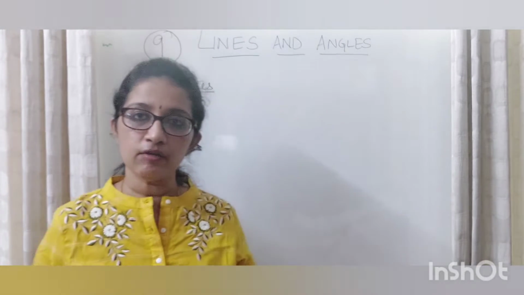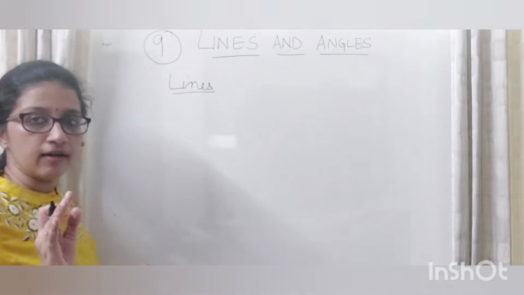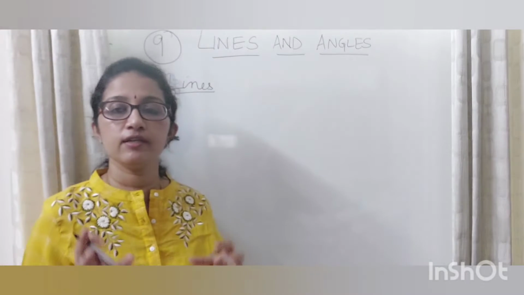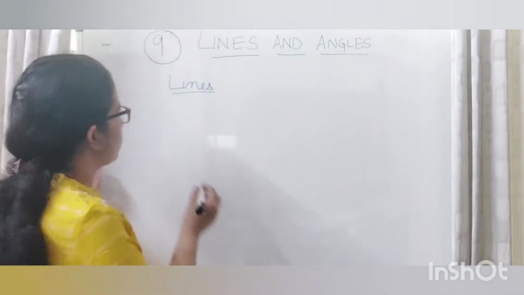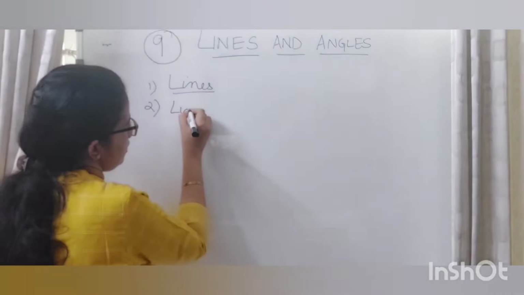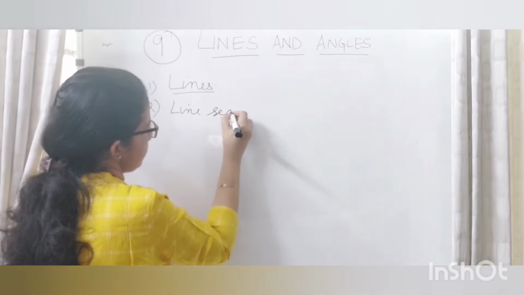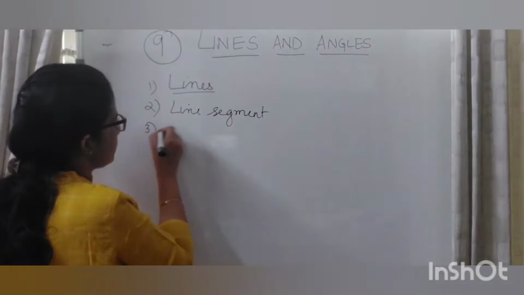You already know this, but we are just going to revise. We have to differentiate among line, line segment and ray. First is line, second is line segment, and third is ray.